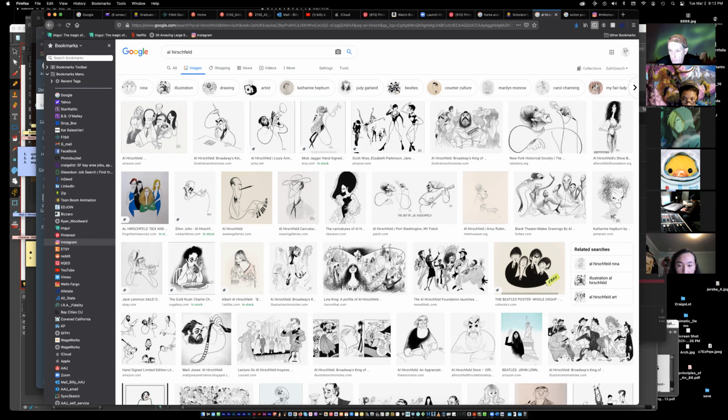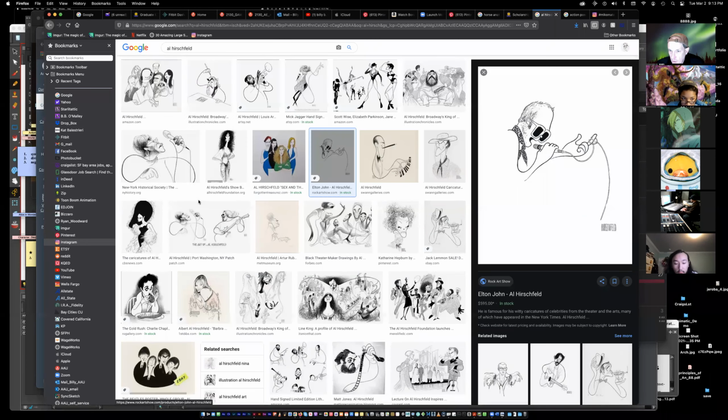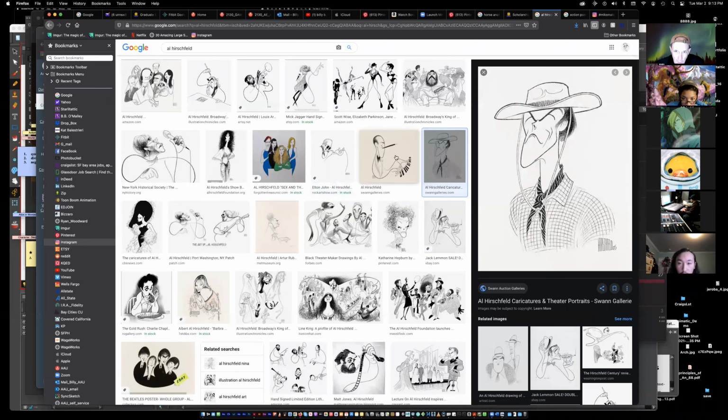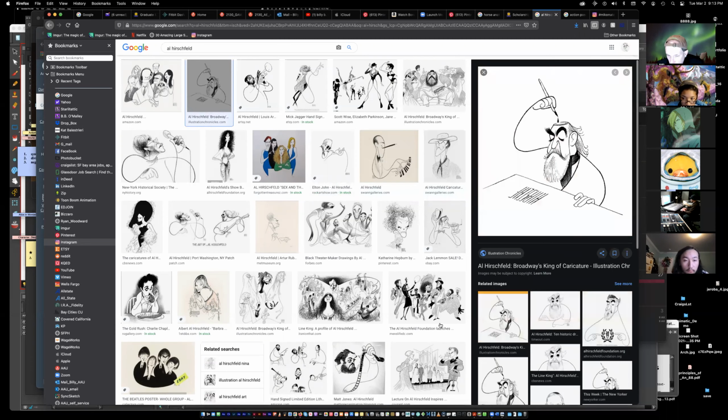And he did characterizations of everybody, often with just really simple gestural lines. And then you look at one of these and it's like, oh yeah, I know who that is. That's Elton John. This is John Wayne, or this is Clint Eastwood. This is Benny Goodman. This is a self-portrait.